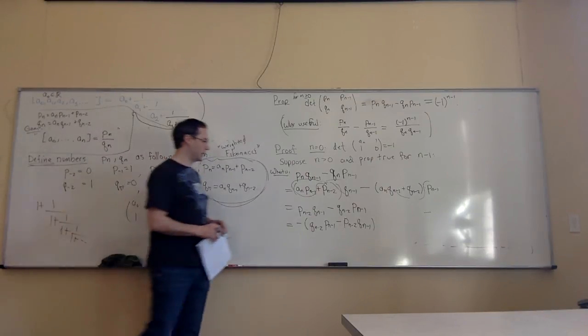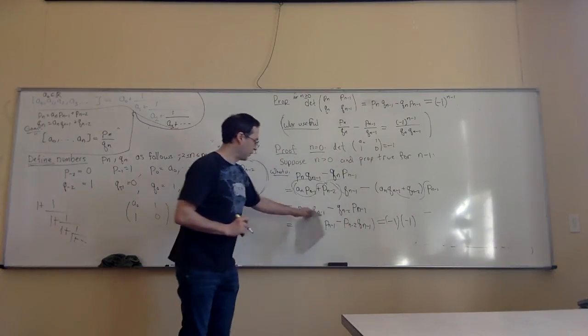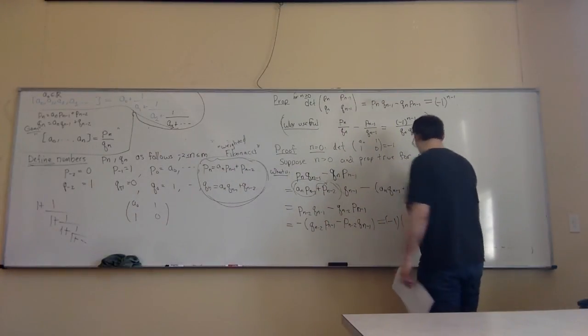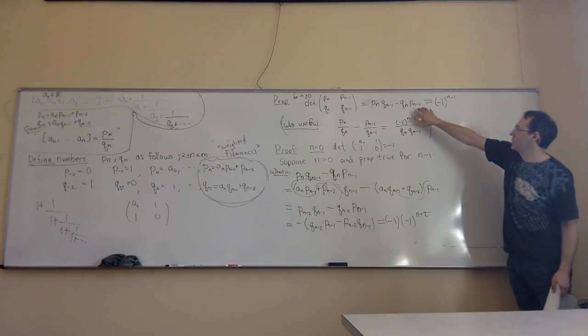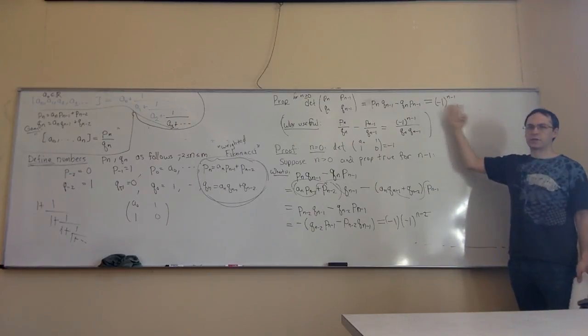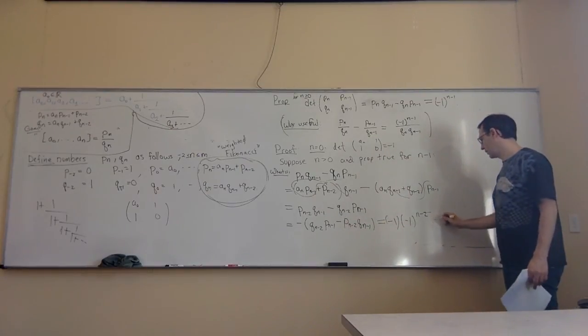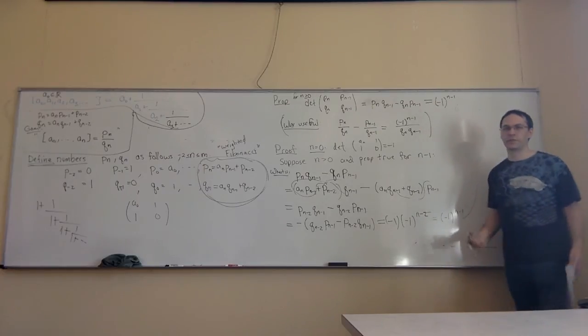But our inductive hypothesis is that the statement is true for smaller values of n, so I just have to put n minus 2 here. And basically, this statement with n replaced by n minus 1 on both sides is true. But that's exactly what I need to simplify this. And so I end up with minus 1 to the n minus 1. But that's the claim, so we just proved it.